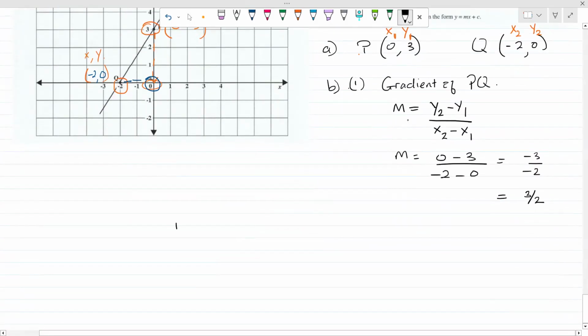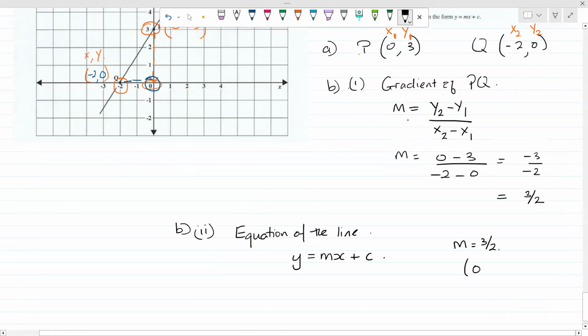Equation of the line now. We have y is equal to mx plus c. That's our formula. We already know the gradient is 3 over 2. And we could use any of these points. Let's take the point 0, 3.